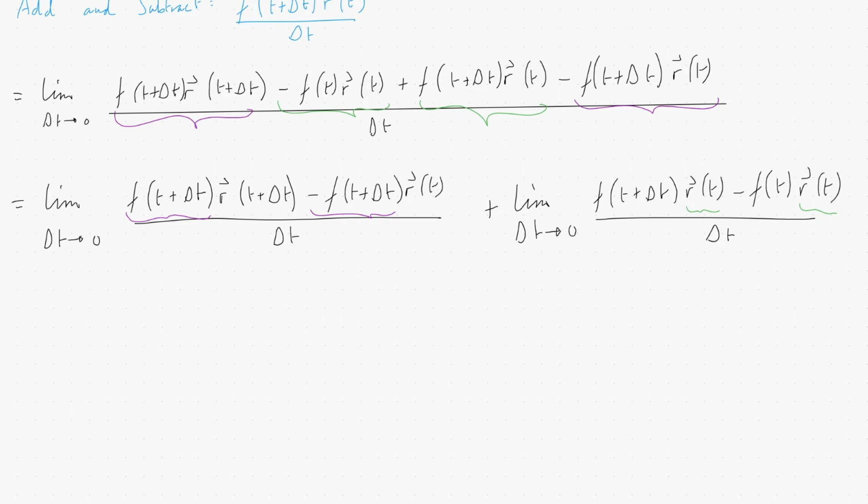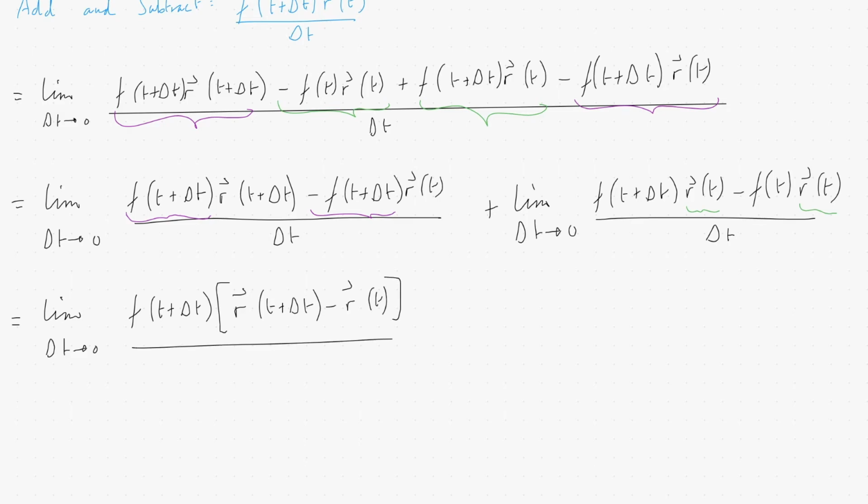So, going along with our original idea, we get the limit as delta t goes to 0 of f of t plus delta t, and then square brackets r of t plus delta t minus r of t, and this is all over delta t.